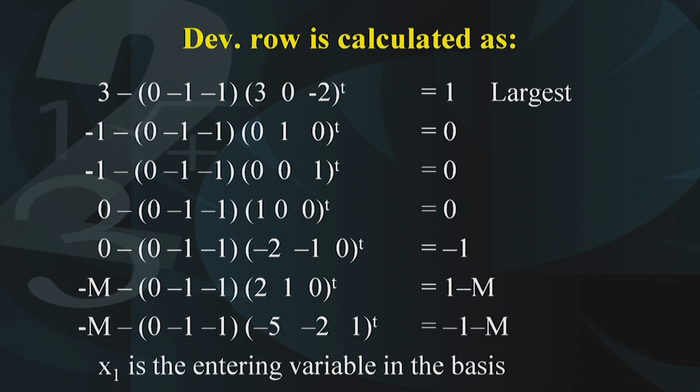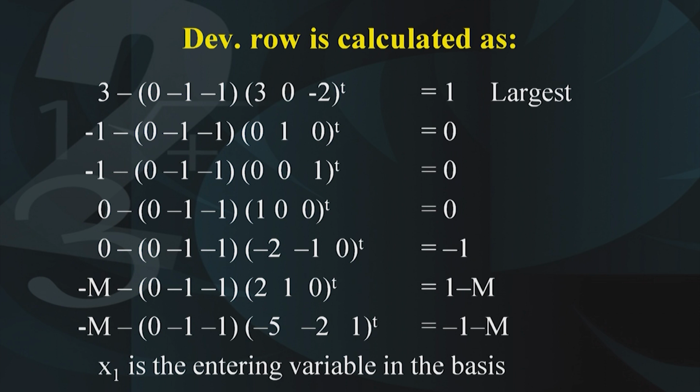Third one is -1 minus 0 minus 1 minus 1 multiplied by 0 0 1, which comes out to be 0. Next one is 0 minus 0 minus 1 minus 1 multiplied by 1 0 0, which again comes out to be 0.